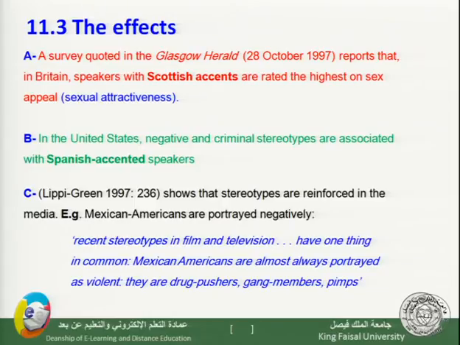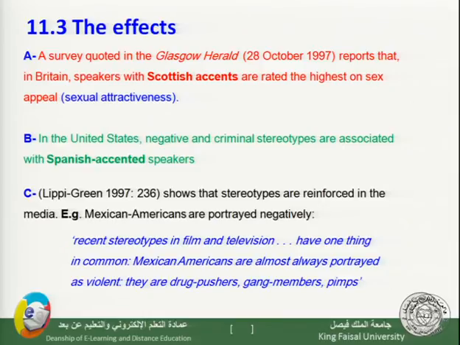So anytime you have a person of Mexican American origin reported in the media, the report about this person is negative. They always portray those people as being violent, as drug pushers, drug dealers, or drug addicts, gang members, those who belong to a violent gang, and as pimps.